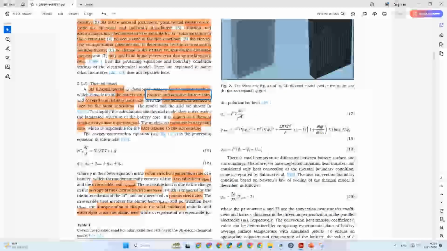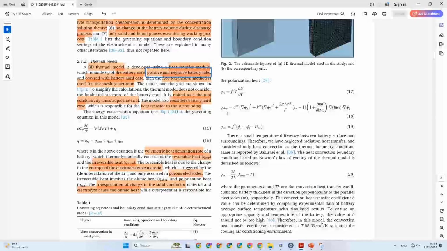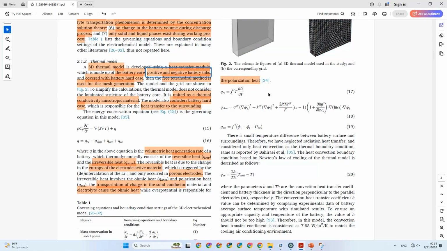Okay, the polarization heat is equal to J lithium times partial U over partial T, and QO is equal to this equation, and Q act is what you see, J lithium, Vs, Vl, and UEQ. Let me just bring all of them.